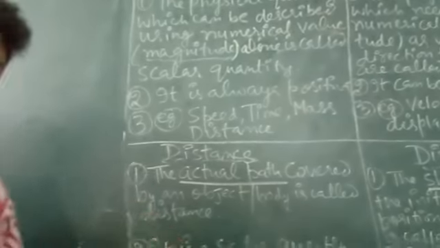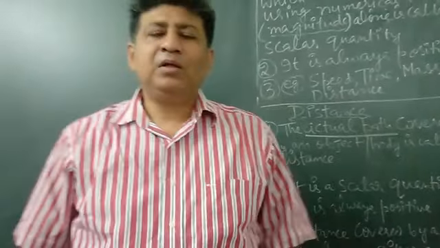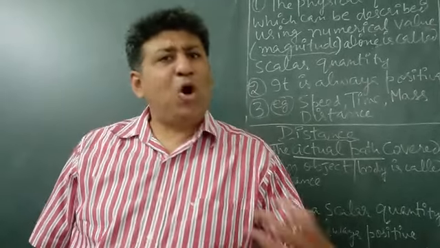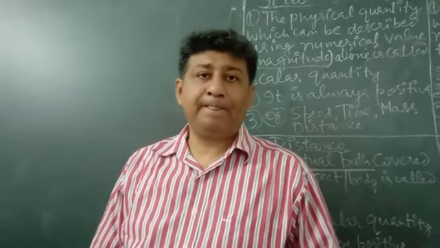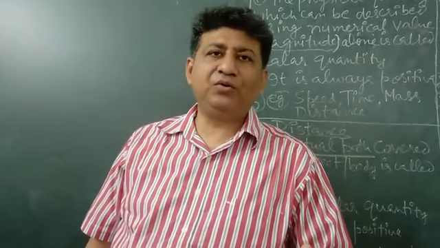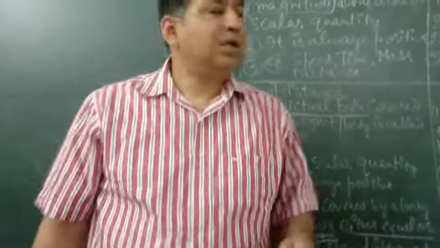Speed will only tell you how fast or slow a car or a bus or a van or a body is moving. Nothing else. It will just give you the numerical value, the magnitude. How fast, how slow.